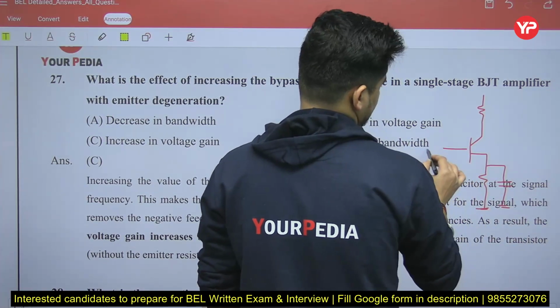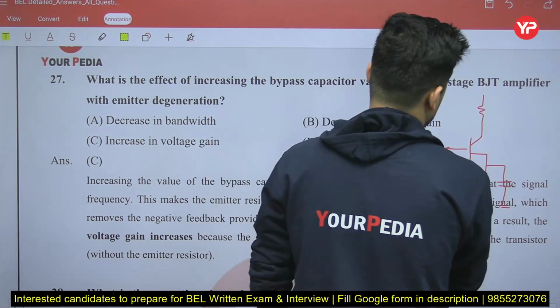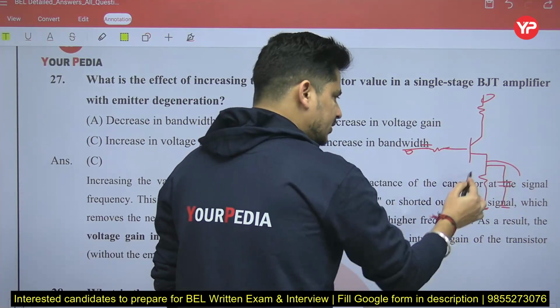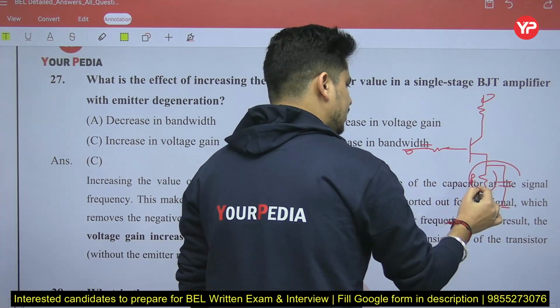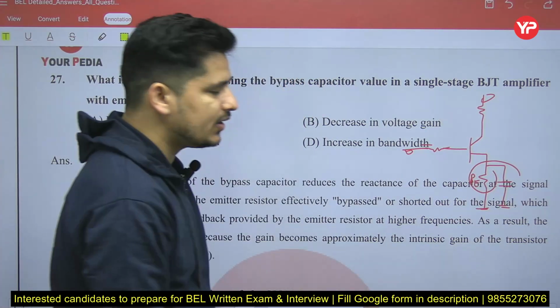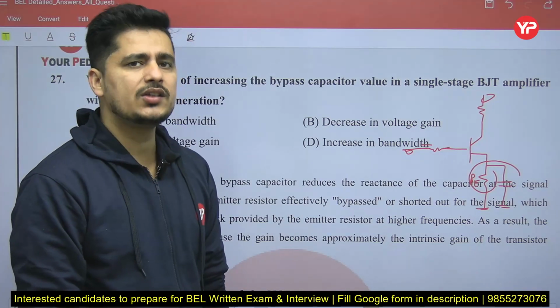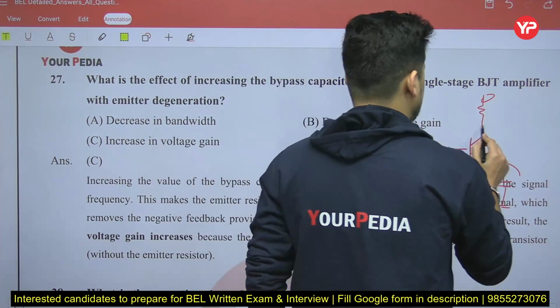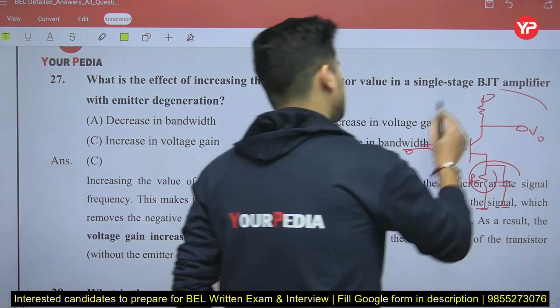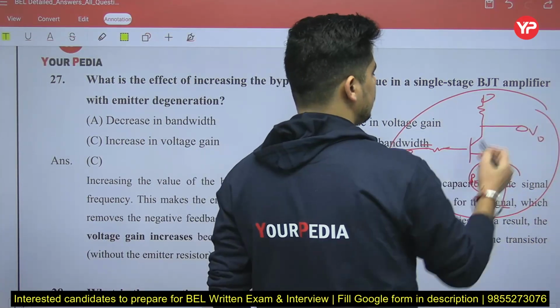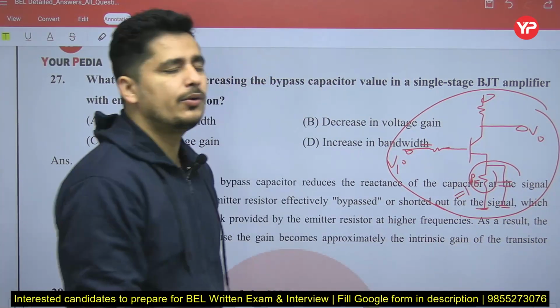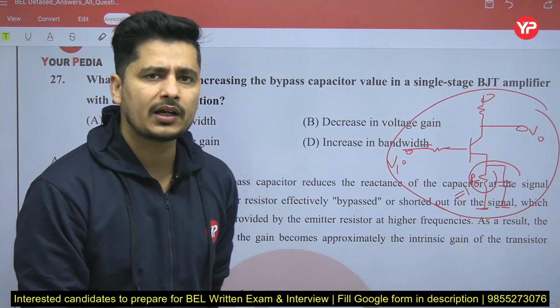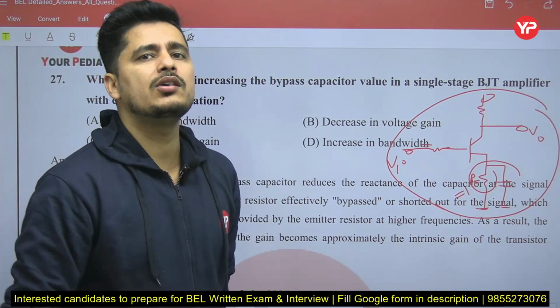Let us take this circuit. This RE resistance will provide negative feedback. We take the input here and the output here. This RE resistance is introduced in your circuit as negative feedback, and negative feedback will decrease your gain.